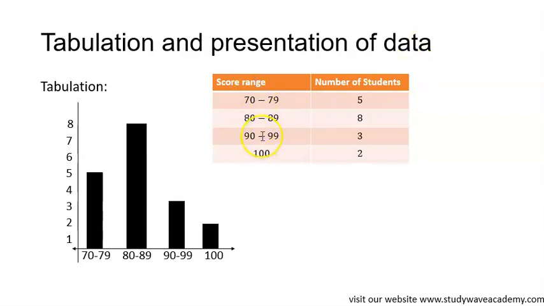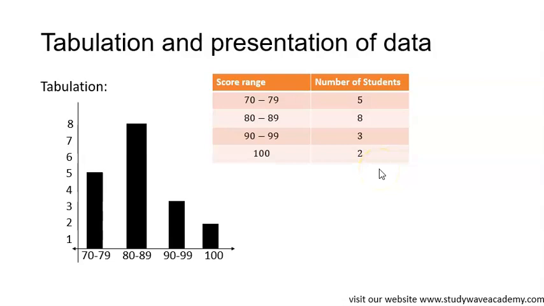So this is the score range, and this is the number of students, okay? The scores from 70 to 79 are 5 students, 80 to 89 8 students, 90 to 99 3 students, and 100 2 students. So this table shows the data you have collected, okay?